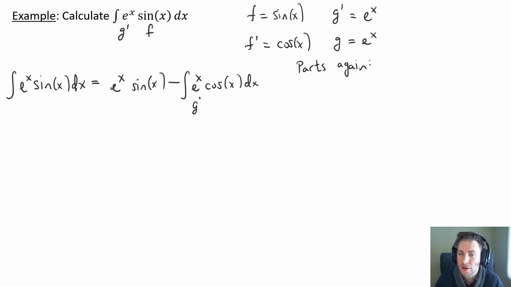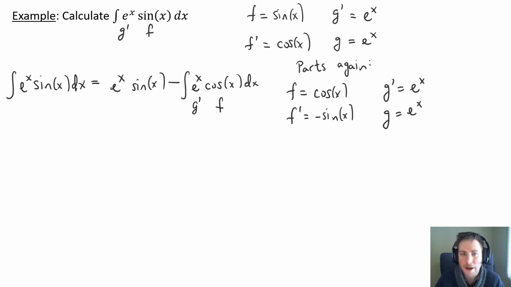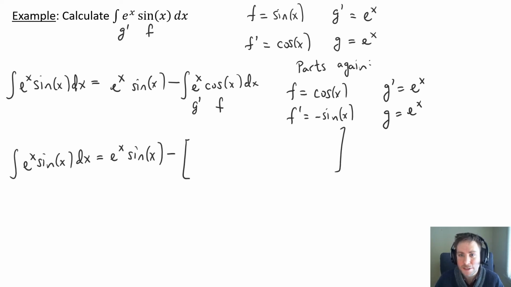Assign f and g prime similarly to how we did before. Then f becomes f prime by taking a derivative, and g prime becomes g by taking an antiderivative. It's important to notice that the entirety of our integral is going to get subtracted here, so don't forget to show that using a set of brackets.